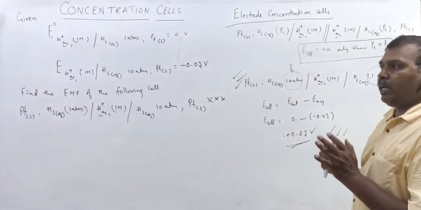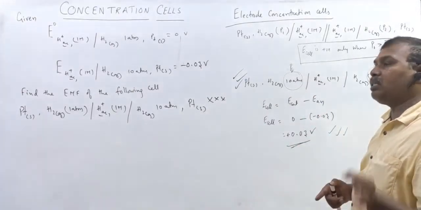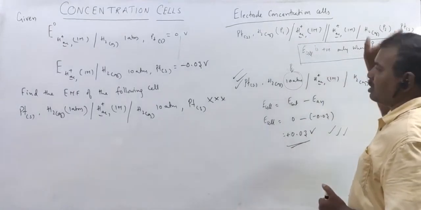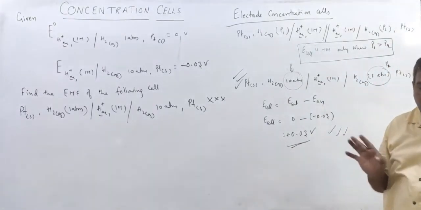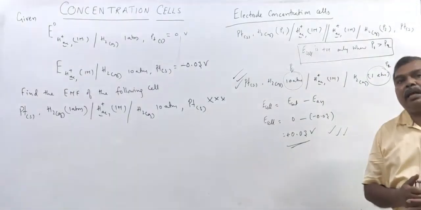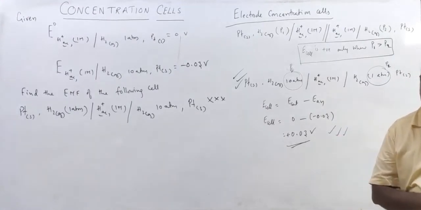So in concentration cells, we discuss the electrolyte concentration cell and the electrode concentration cell. In electrolyte concentration cells, the electrolytes in both the compartments are at different concentrations.